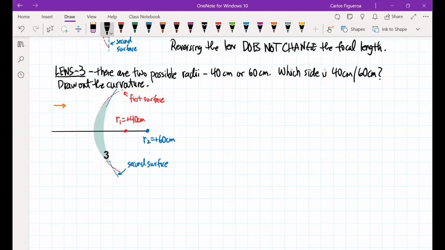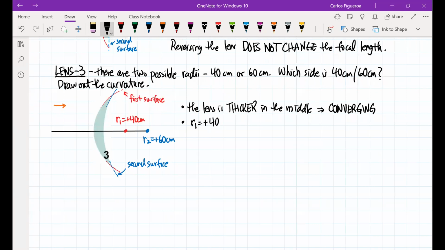So again, let's follow the same process. Again, the lens is thicker in the middle. If it's thicker in the middle, it has to be converging. We've already identified the radii. We said R1 is plus 40 and R2 is plus 60 centimeters. So now if I look at the focal length, again, just going directly to the numbers, I have this guy here.